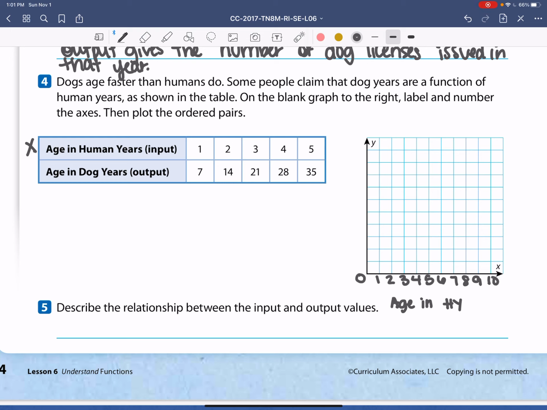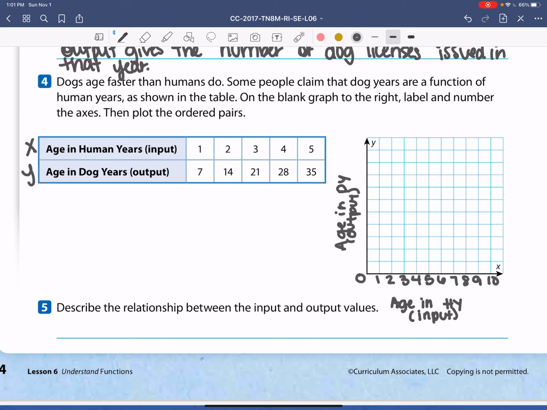And then we have our age in dog years. We'll just call that dy. That's our y-axis, which is our output. And of course, our age in human years is our input. And they wanted us to go ahead and plot those ordered pairs as well.